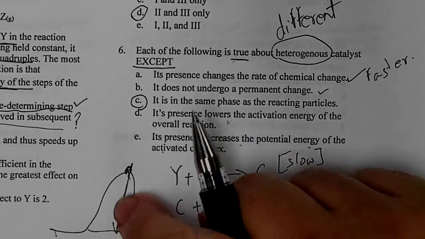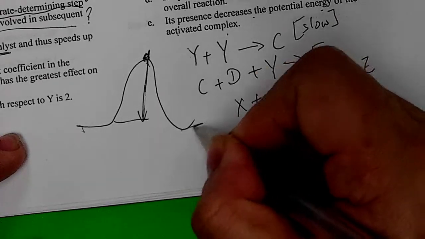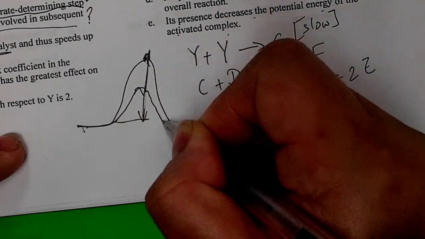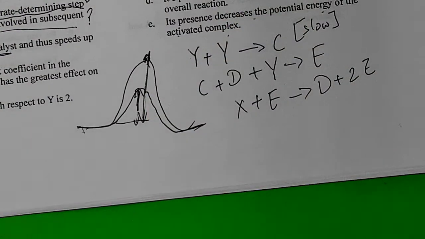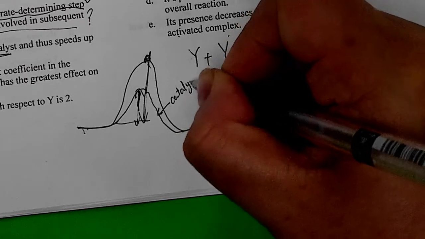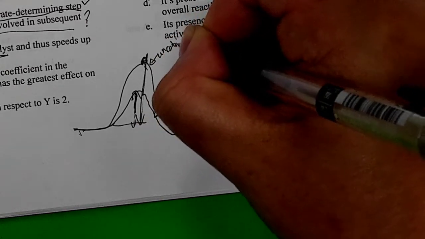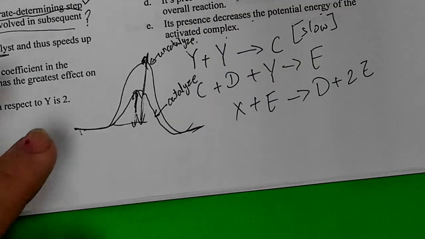So this will go down if you have a catalyzed reaction. So if I have a reaction that is catalyzed, you will have something like that where this goes down, right? So this is catalyzed. And then this is uncatalyzed. Okay. Make sense?